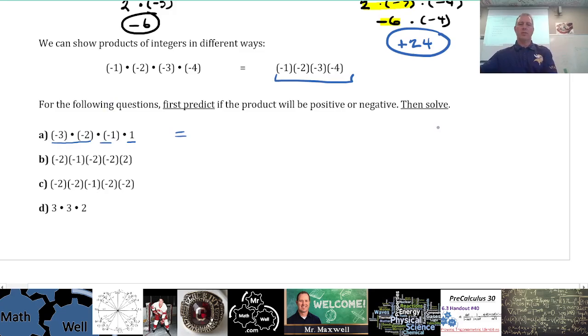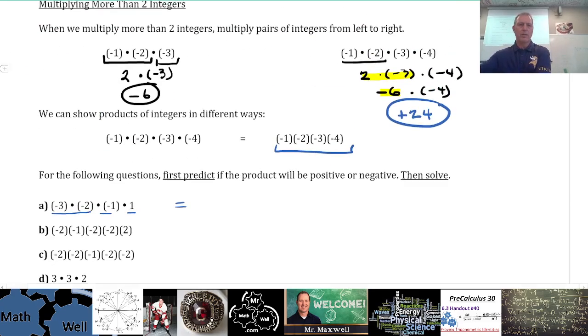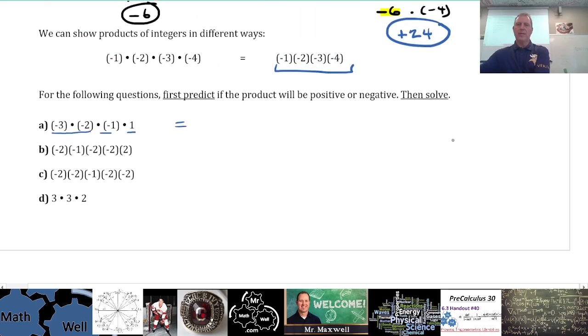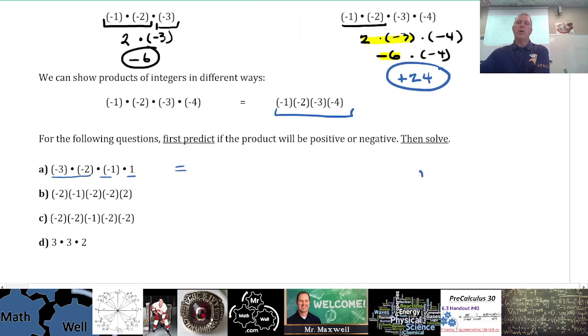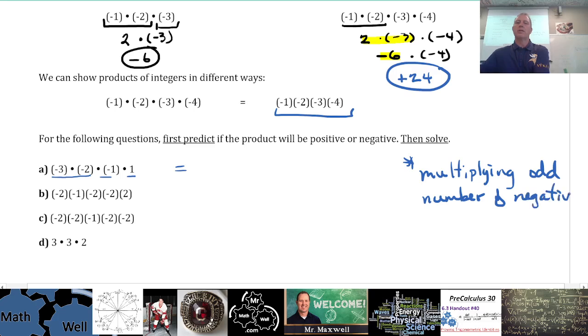I don't think I have that in my notes later. Let me just check. No, I don't think so. So let's write this down here. Just jot this down: multiplying an odd number of negatives, that's the negative signs, equals, what's that going to be, positive or negative? Yeah, it's going to be negative.